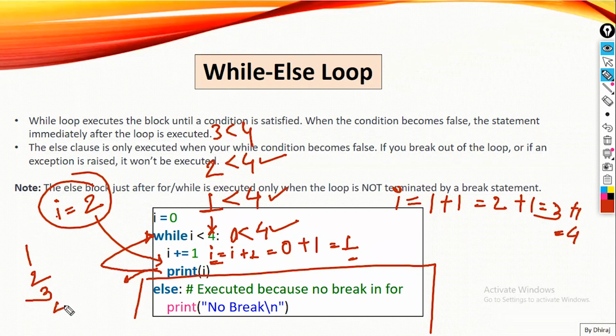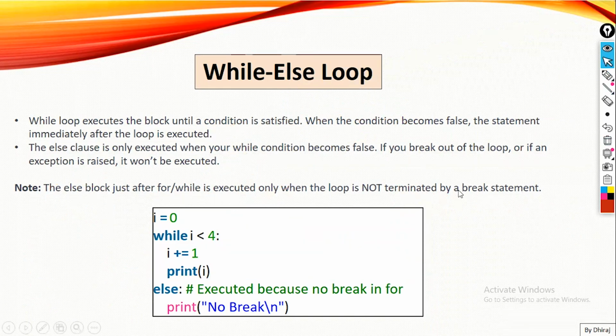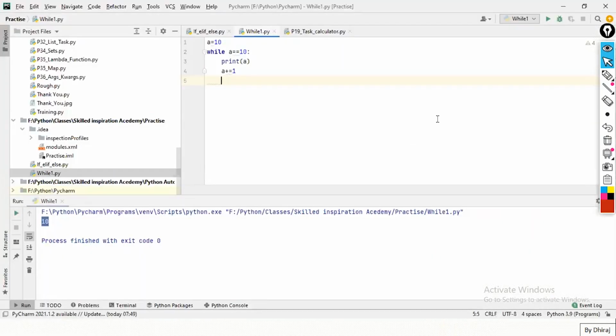So now 4 is getting printed. Here, now see, is 4 less than 4? No, the condition is false. My interpreter will come outside of this loop, right? So this is the syntax of the while loop. So what is the else statement then?